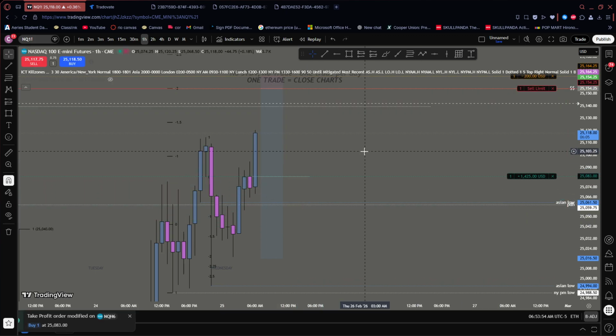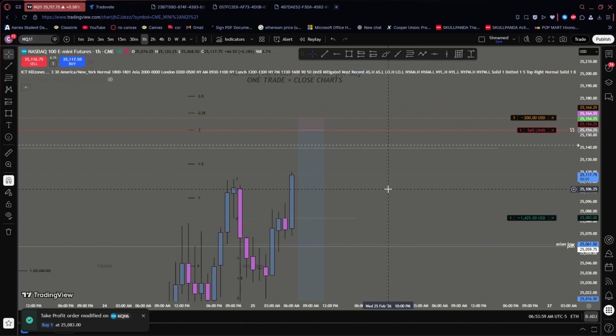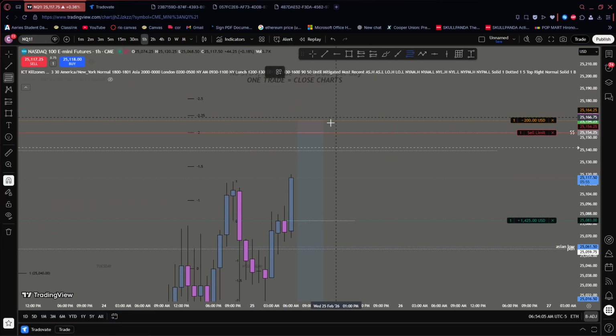So something like that. 1500, still not bad. But I would probably wait until the tops and then lower time frame, do a standard deviation. Something like that, I don't know. And then target something like that.